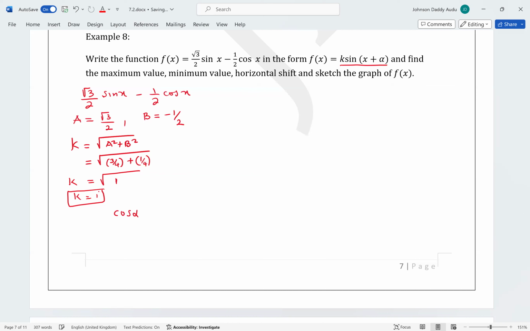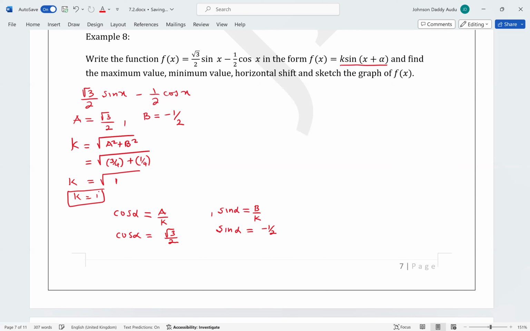Cosine alpha is a over k, which means that cosine of alpha is root 3 over 2 divided by 1. Also, sine alpha is b over k. So sine alpha is, what is b? b is minus half over k. So this is just minus half because k is 1.